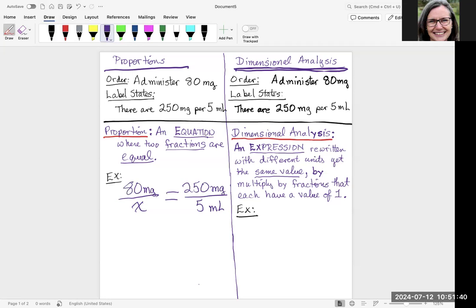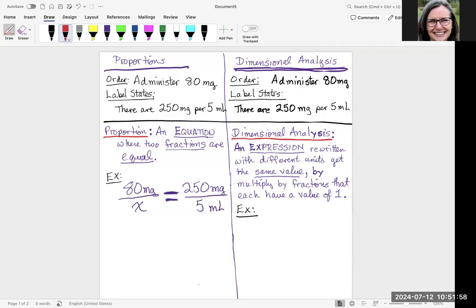Anyway, in math, my two favorite rules are you can do whatever you want to both sides of an equation, pretty much. And you can always multiply anything or divide anything by a value of 1. If you multiply or divide by 1, it doesn't change the value.